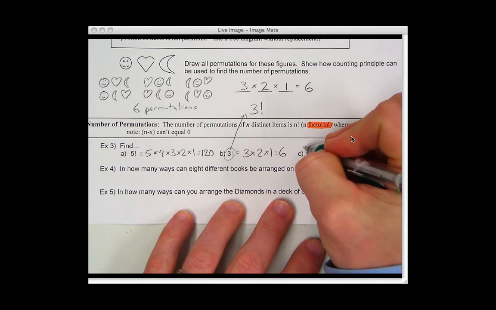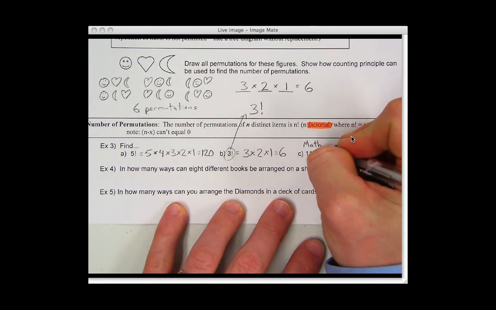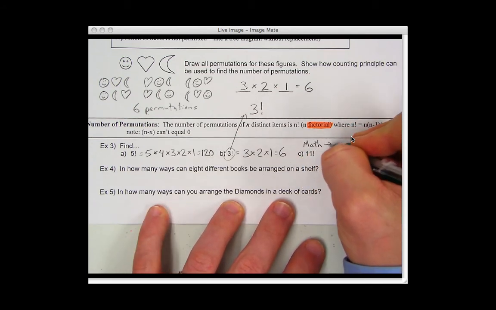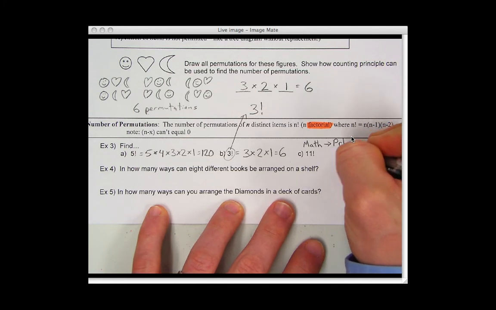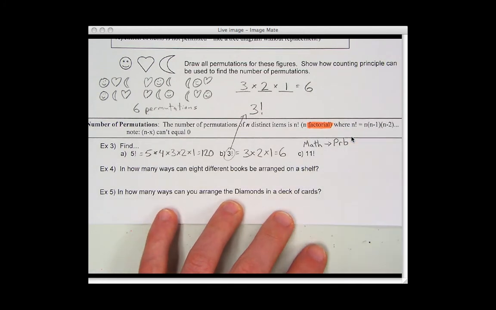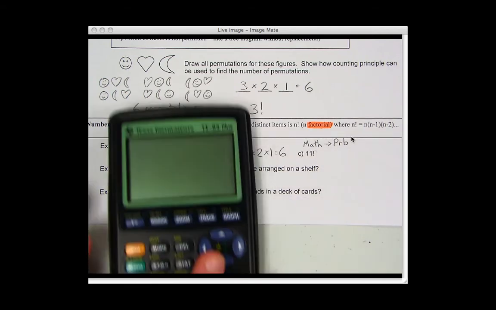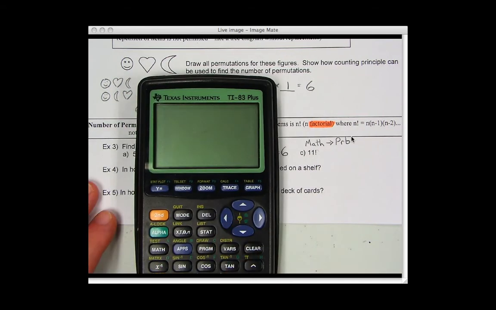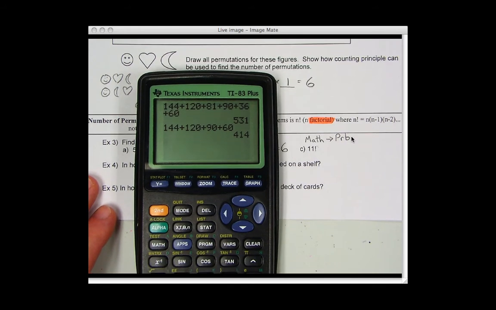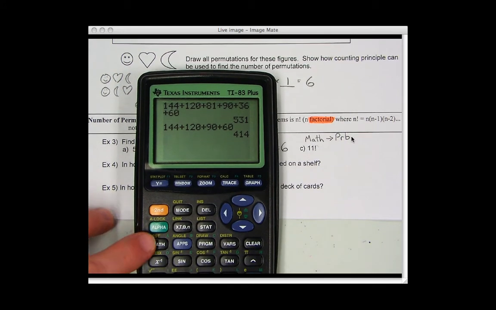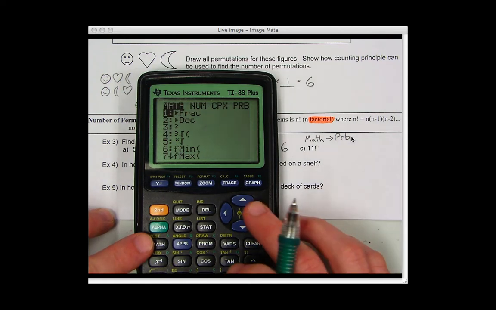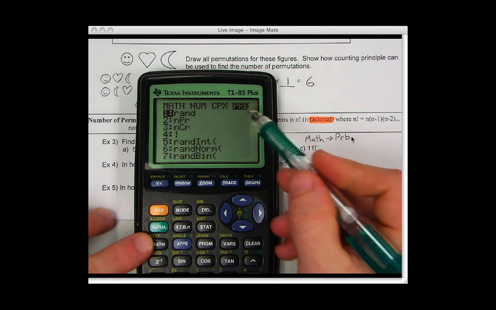And what we want to do is use math, PRB, which stands for probability, and then find the factorial symbol. Okay, so watch in the calculator here. You want to push math. Scroll over to PRB.